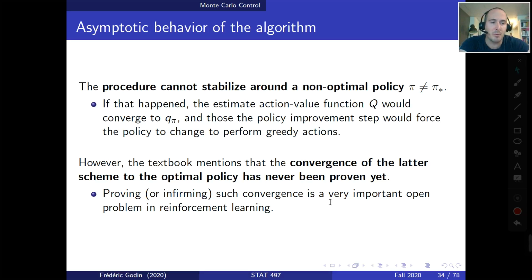If I remember well, the textbook mentions that although this convergence was not proven in general, for some particular problems you can have results, but there's no general result for general Markov decision processes.